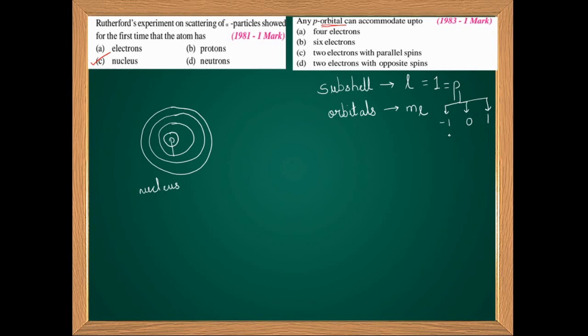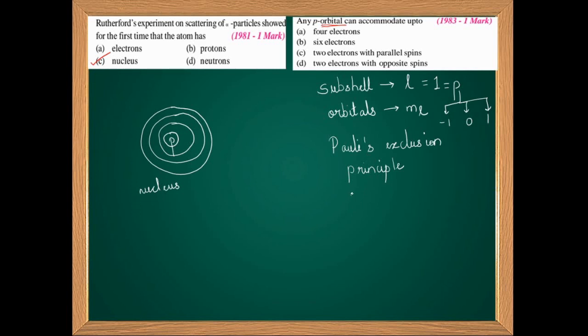Each orbital has a maximum occupancy of 2 electrons. This is given by Pauli's exclusion principle, right? Pauli's exclusion principle says that no two electrons can have all 4 quantum numbers the same. So this is where we got to know the maximum occupancy of electrons in an orbital. Now what is asked? It is not asked about the p subshell, rather the p orbital.